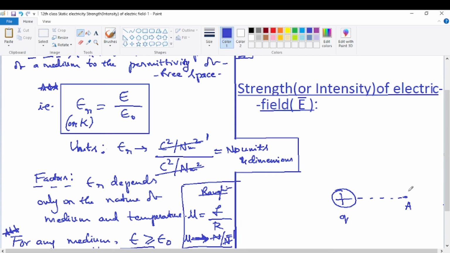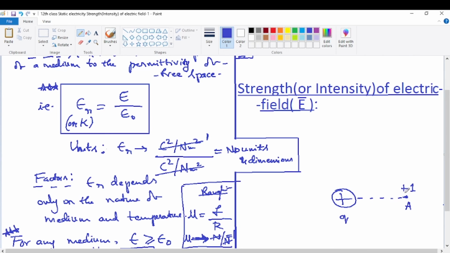Now if you put some other charge here, say a unit positive charge, or any tiny positive charge, even smaller than the unit positive charge, such a tiny charge whose magnitude tends to 0 is simply called a test charge, a charge which is used for testing.